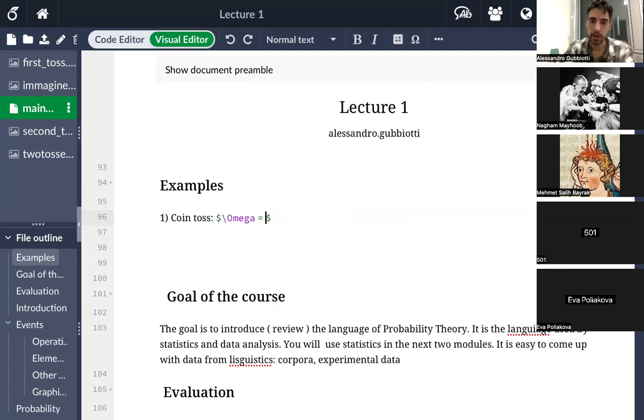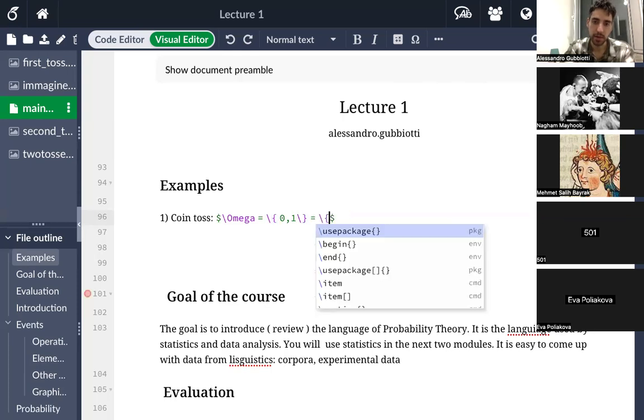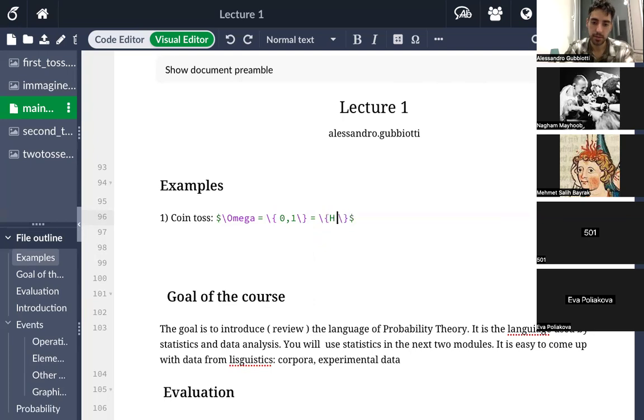However you want to encode it, the sample space will have two elements, which are 0 and 1, or the same, heads or tails, where of course the H or 0 means that the coin shows the face heads, and tails is 1, or maybe you can choose whatever you prefer.